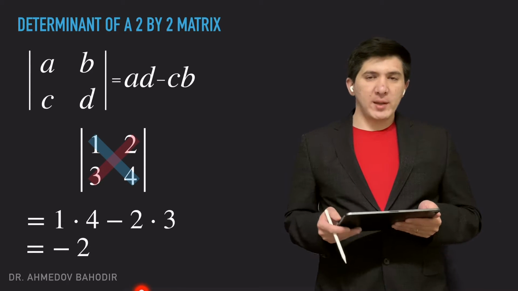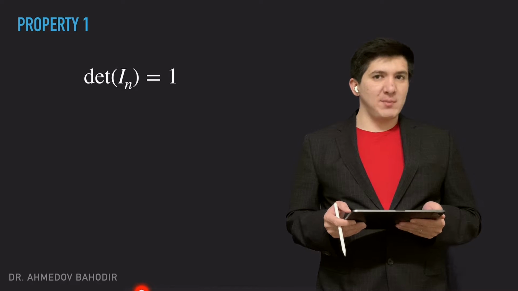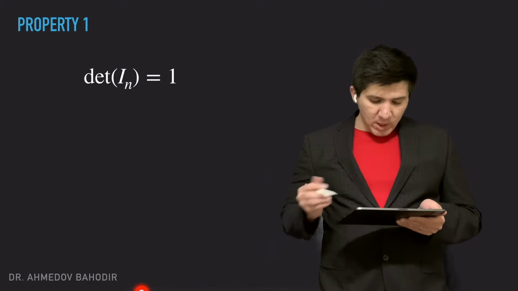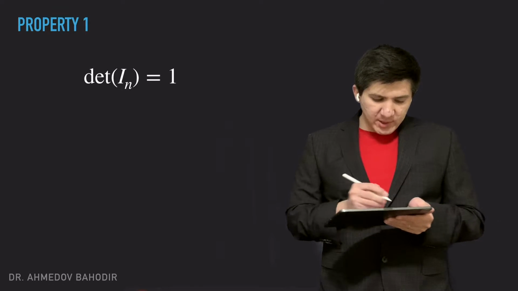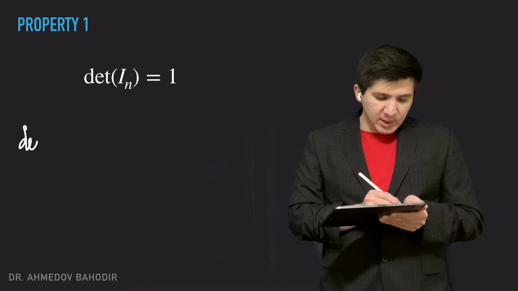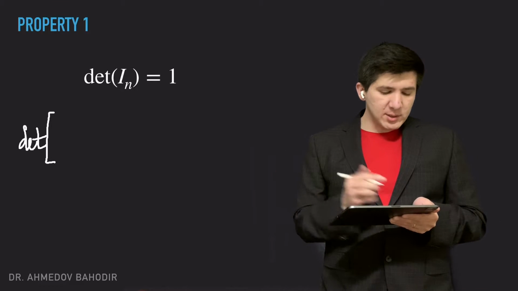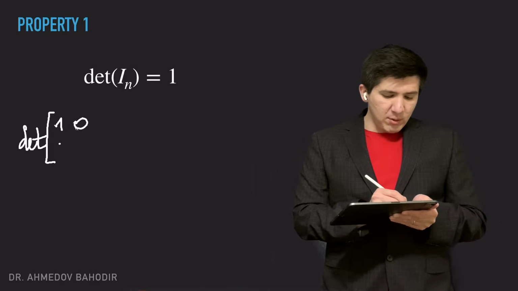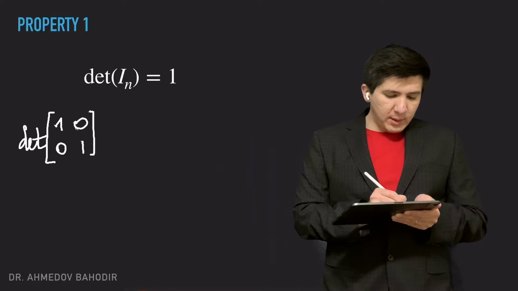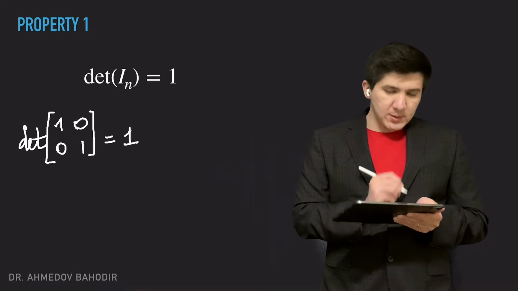So now let's talk about the properties. Property number 1 tells you that the determinant of any identity matrix is equal to 1. So if you're given a 2 by 2 identity matrix or a 3 by 3 identity matrix, I'm going to write down the determinant and put the matrix here. It's going to be 1, 0, 0, 1, and this is equal to 1.